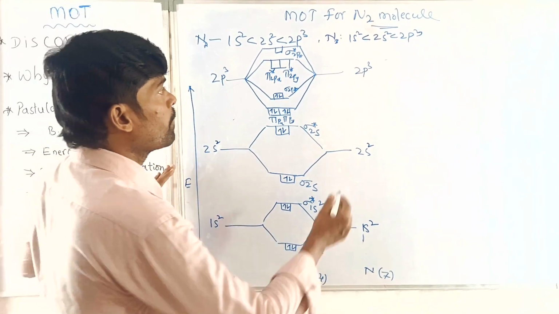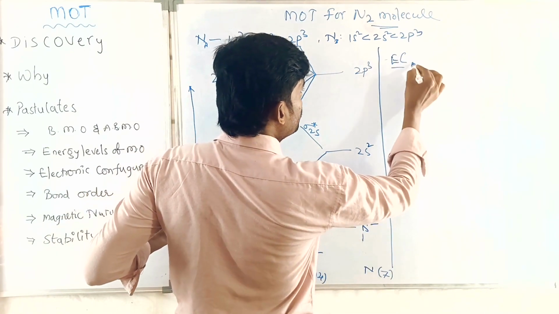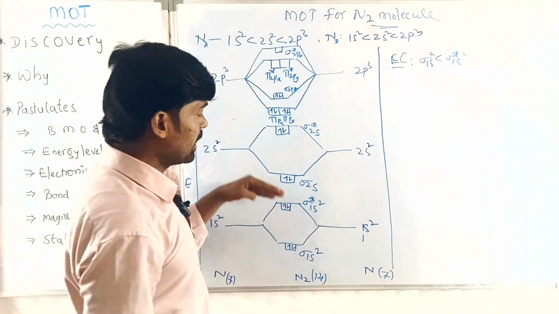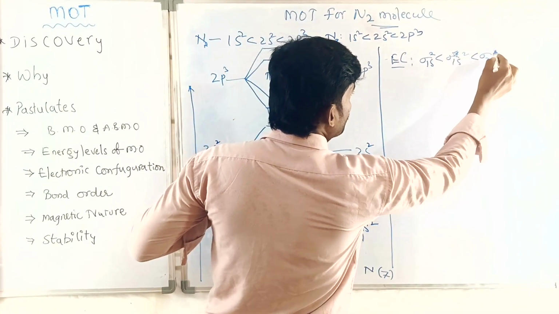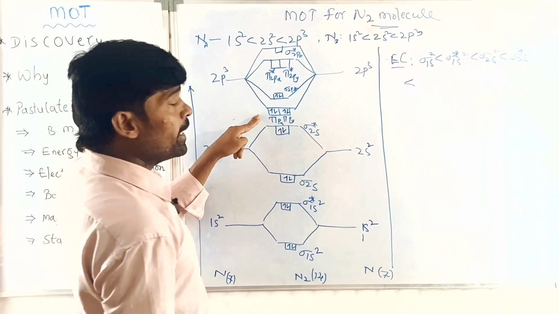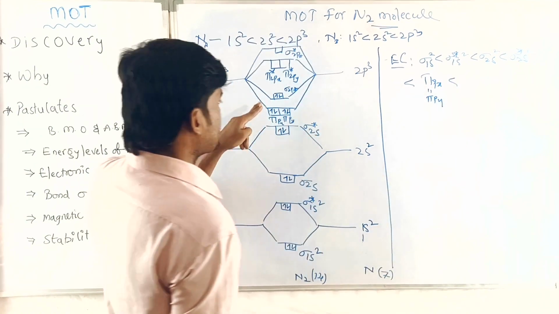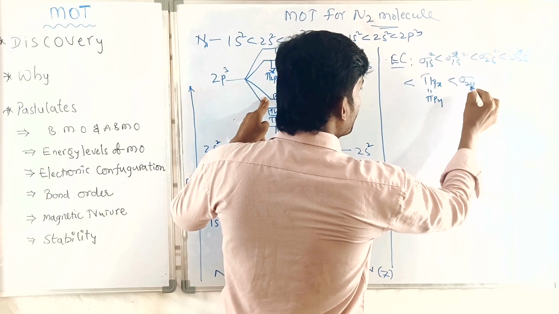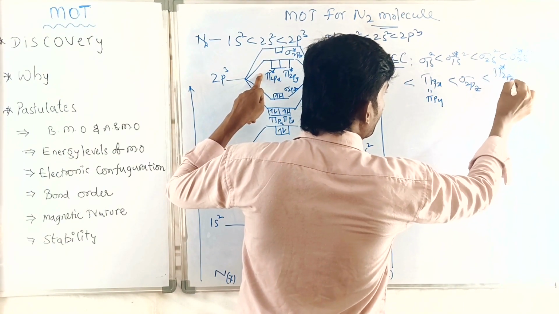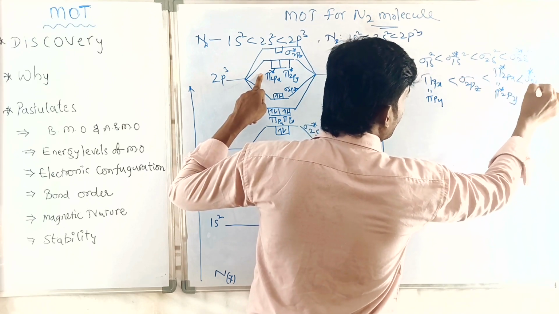Fine. Now let's write the electronic configuration. Very lower energy, sigma 1s2, next level sigma star 1s2, next level sigma 2s2, next level sigma star 2s2, next level pi 2px equals pi 2py, next level sigma 2pz, next level pi star 2px, pi star 2py, next level sigma star 2pz.